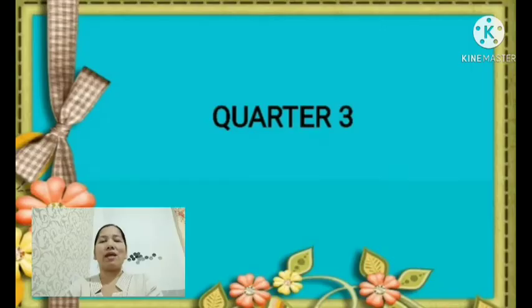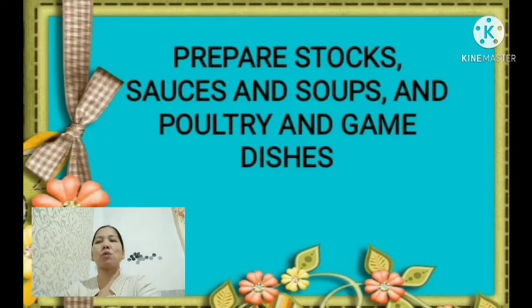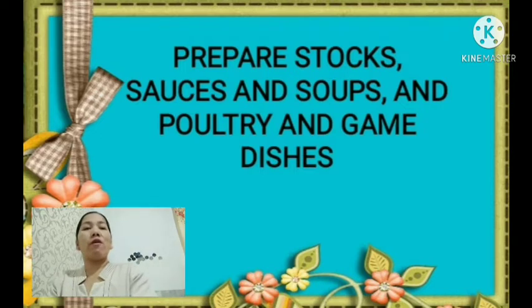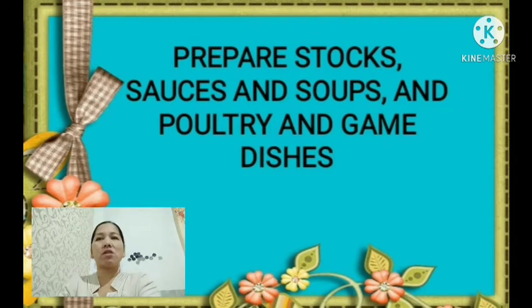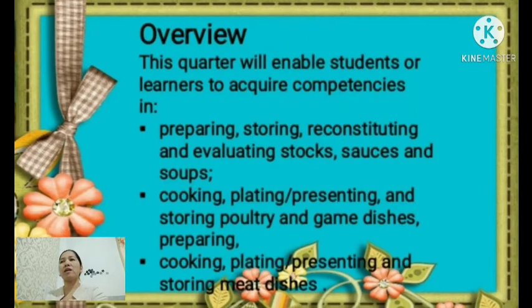Okay, so, quarter 3 is all about preparing stock, soup, and sauces, and also the poultry and game dishes. For the fourth quarter, you are going to explore how to prepare and cook meat dishes. So I will give you the overview of this quarter.